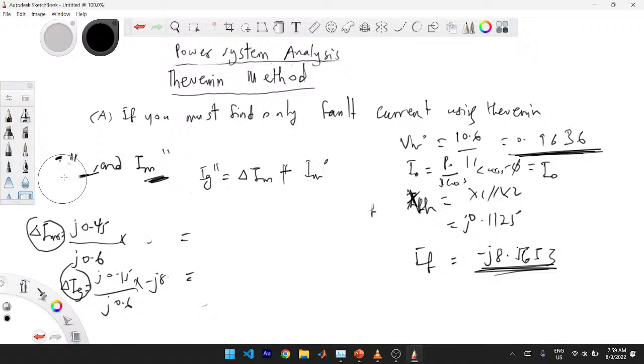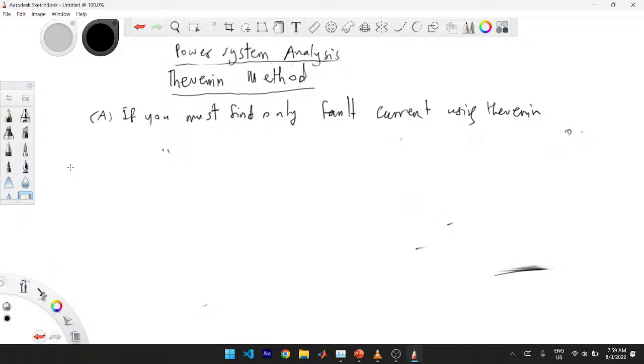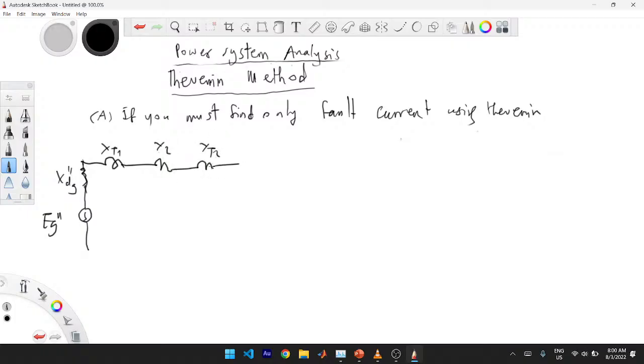But watch something, okay? I can tell you, and then I want to show you so that in case you forget, you can see where it's coming from. So the actual circuit, what do we have? We have EG double prime, right? We have this XDG double prime. We have XT1. We have XL. We have XT2.